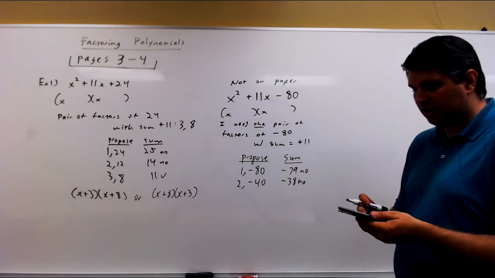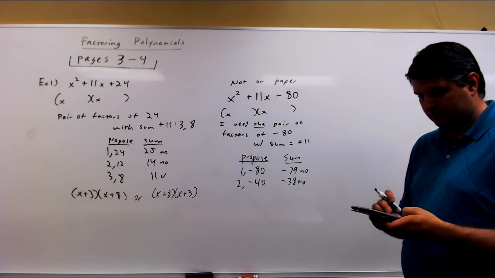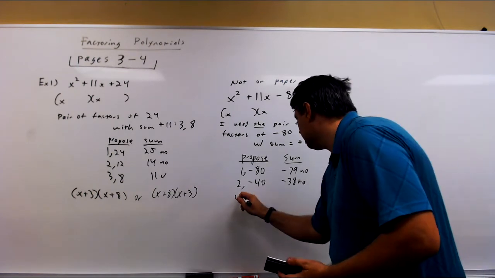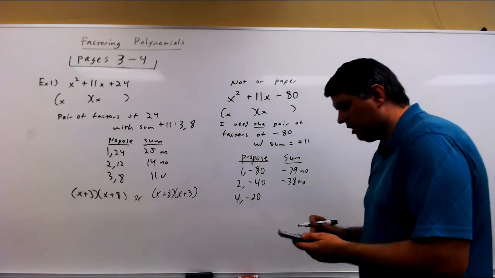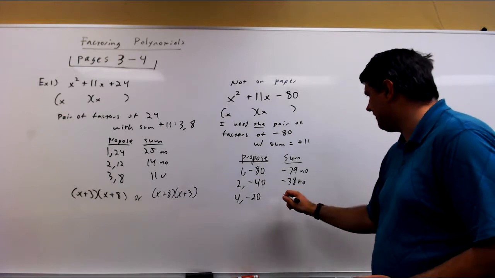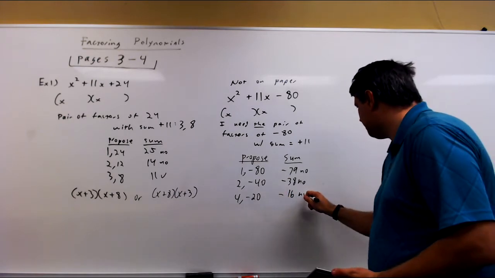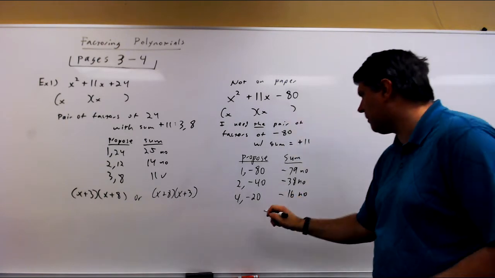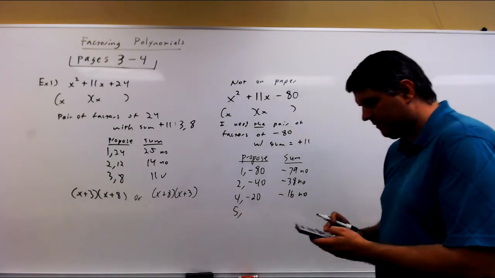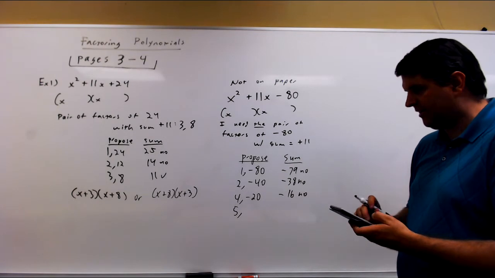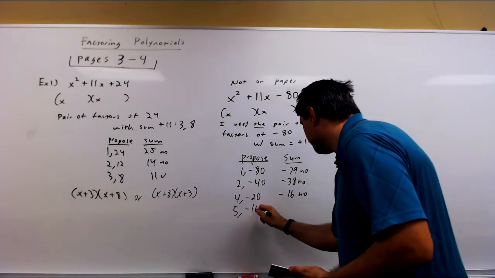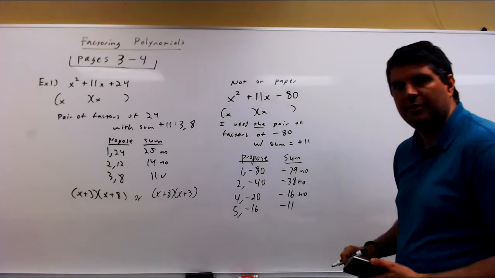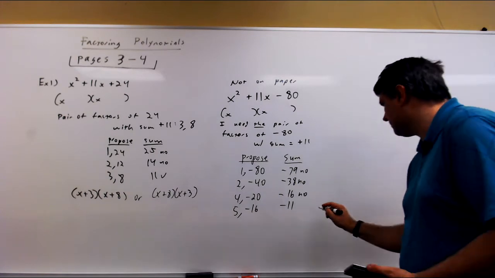I'll try 4. 4 and negative 20. So 4 plus negative 20 is negative 16. That's a no. If the last digit is 0 or 5, it's divisible by 5. We'll try 5. So negative 80 divided by 5 is negative 16. That's negative 11. That's the opposite of what we need.